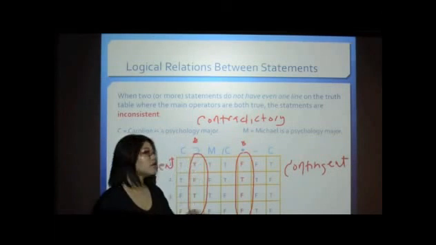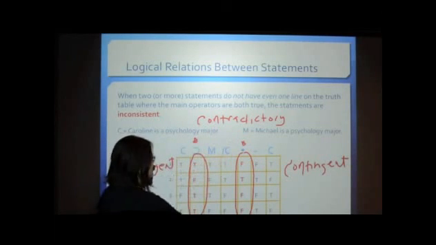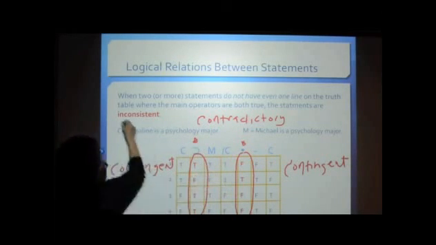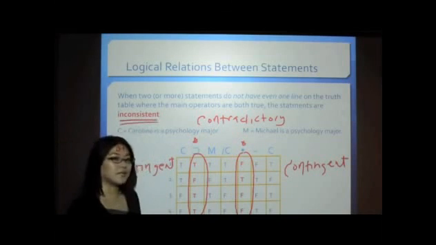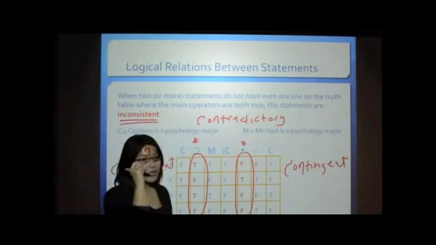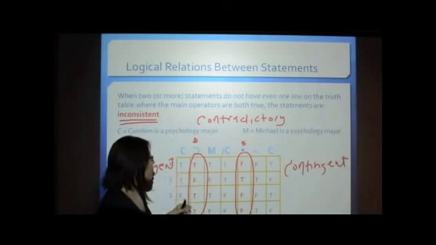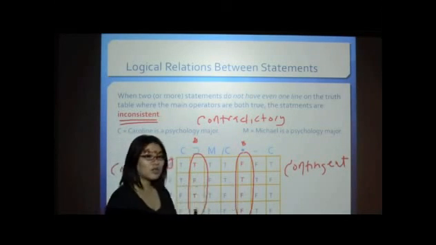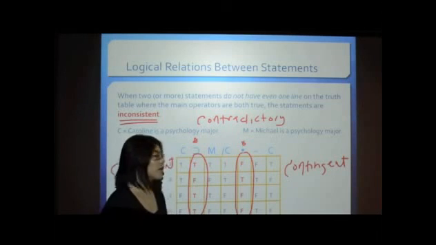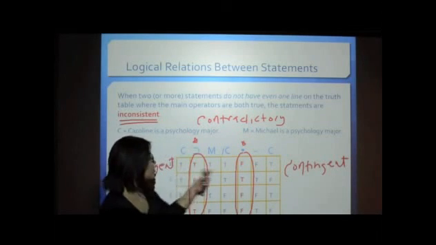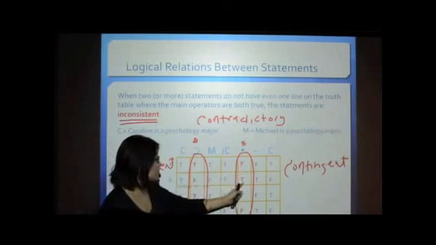However, not only are they contradictory statements, these statements are also inconsistent statements. How do we know that they're inconsistent statements? Well, there's no line where these two statements are true at the same time. Notice how where this is true, this is false, and where this is false, this is true.